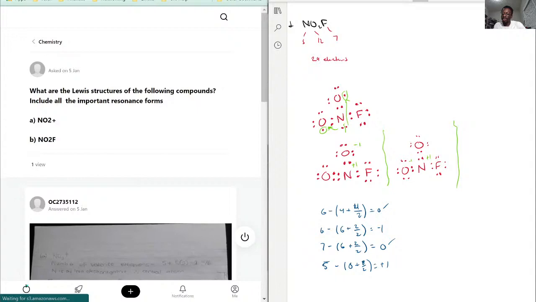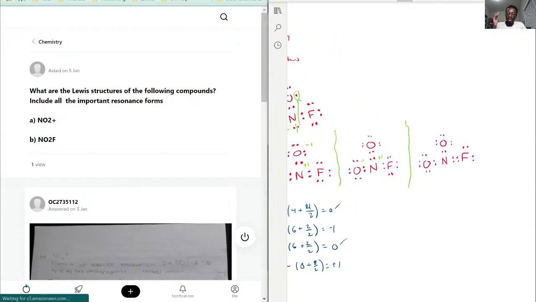And you notice that at the end of the day, everything should still add up to 0 for the formal charge. So as you can see, pretty much all I've been doing is moving a double bond to, like, as in making it take the whole double bond, and then also making something else give up its lone pair to form a double bond. That's how I move it around.